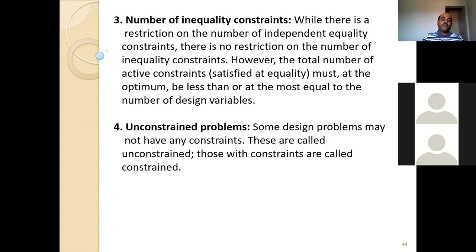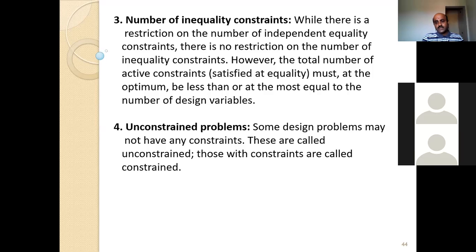And the fourth point is unconstrained problems. Some design problems may not have any constraints. These are called unconstrained. Those with constraints are called constrained. Sometimes you might find there are no constraints. Of course, we are going to discuss that in a later part.